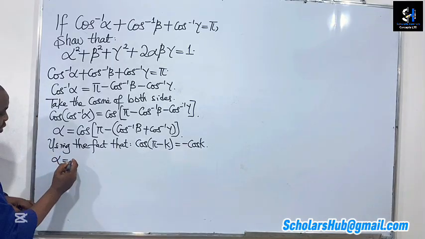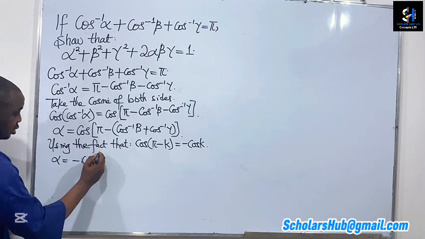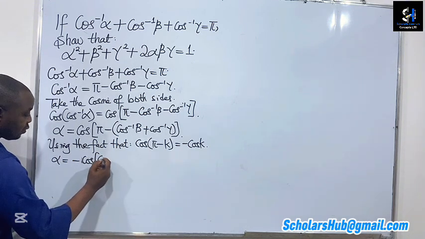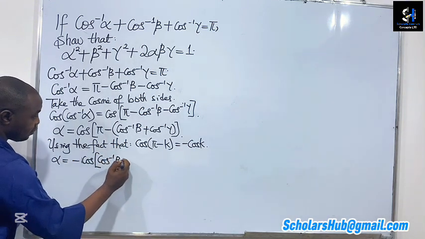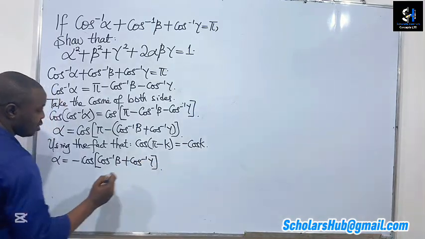So alpha will be equal to negative cos square bracket of inverse cos of beta plus inverse cos of gamma.